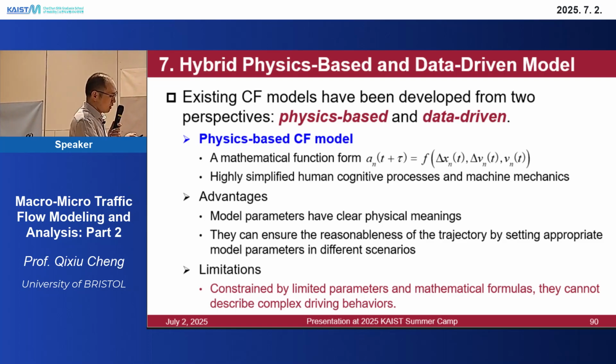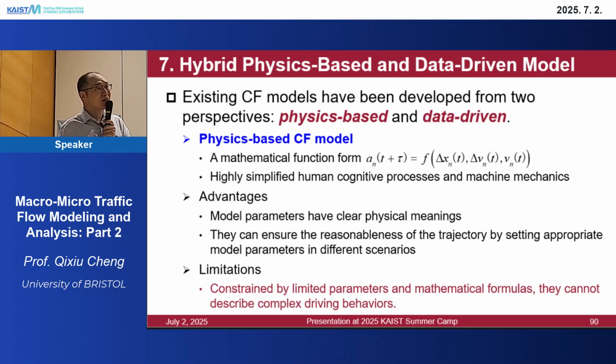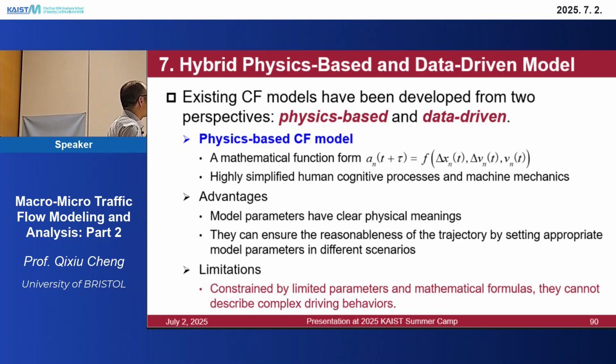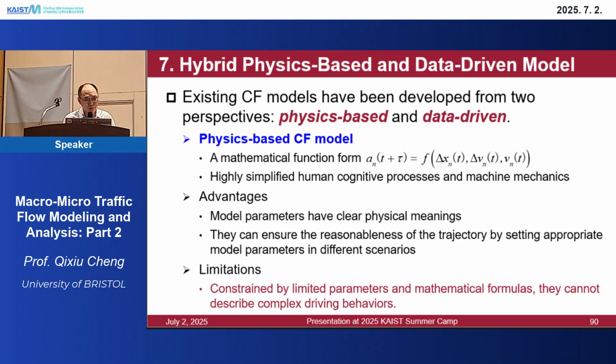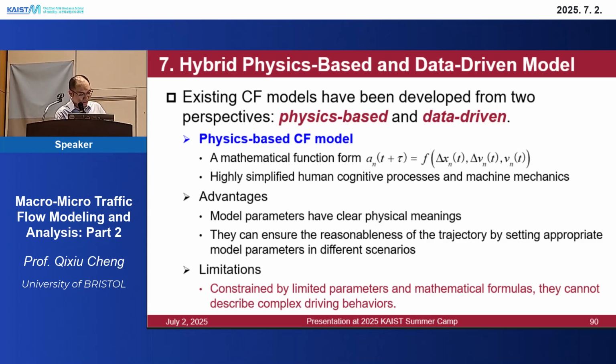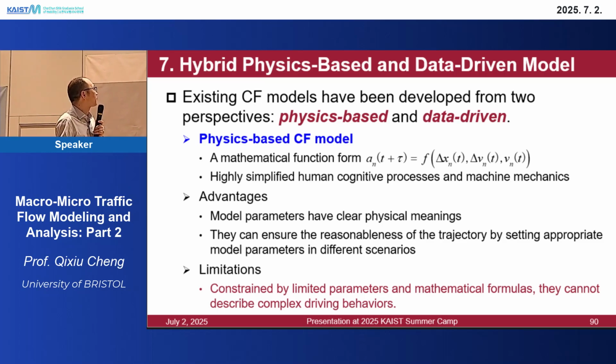Another one is the hybrid physics-based and data-driven car-following model. The existing car-following models have been developed from two perspectives, physics-based and data-driven. For the physics-based model, we usually have this analytical form.